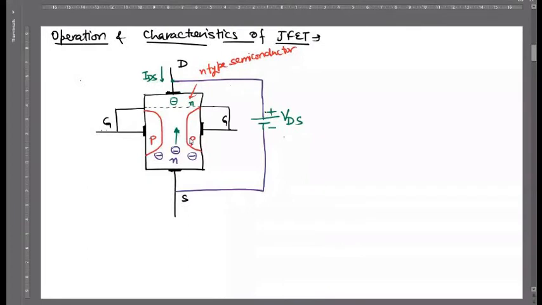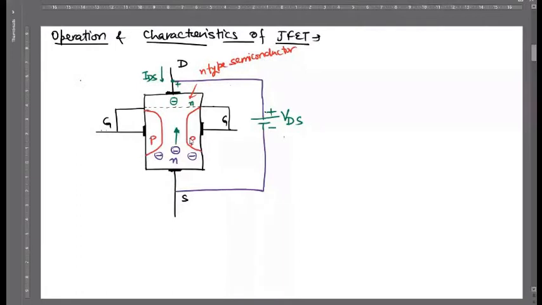So what will happen whenever we apply positive voltage? Electrons will start getting attracted towards this drain from the source end. But simultaneously, what will happen due to this applied positive voltage at the drain terminal? Since this is n-type semiconductor and we are applying positive voltage here, this junction, ultimately, is a junction region because this is a p-type diffusion, and this is the n-type channel.